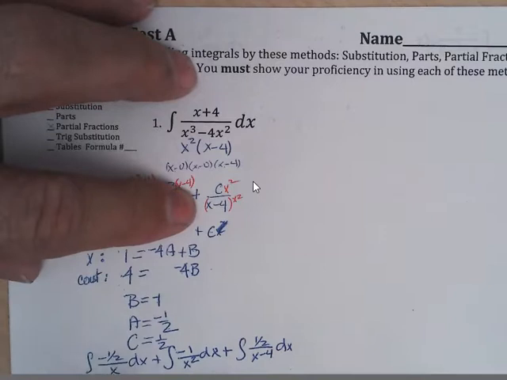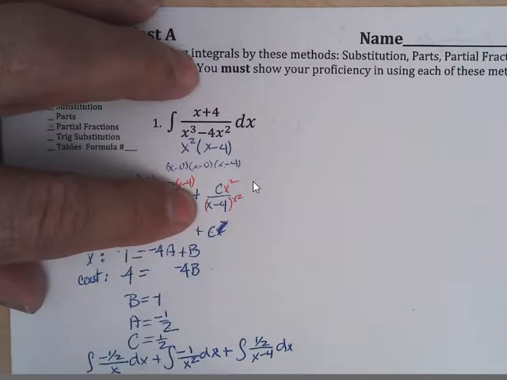So the half comes out, and I'd have 1 over x. The antiderivative is ln x, so I got negative 1/2 ln x. The minus 1 pulls out, so I get minus 1.